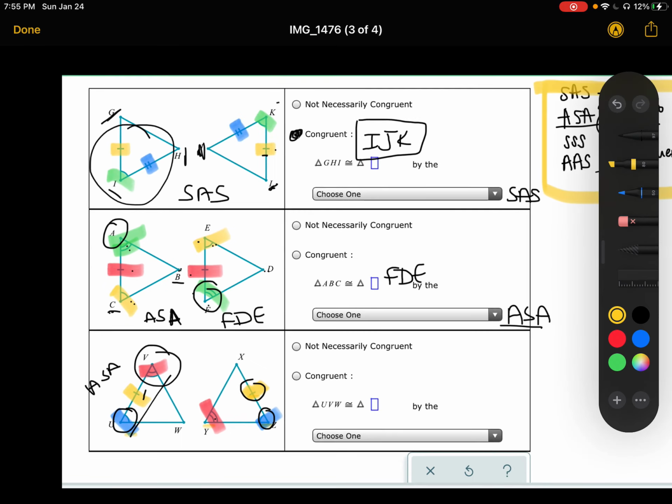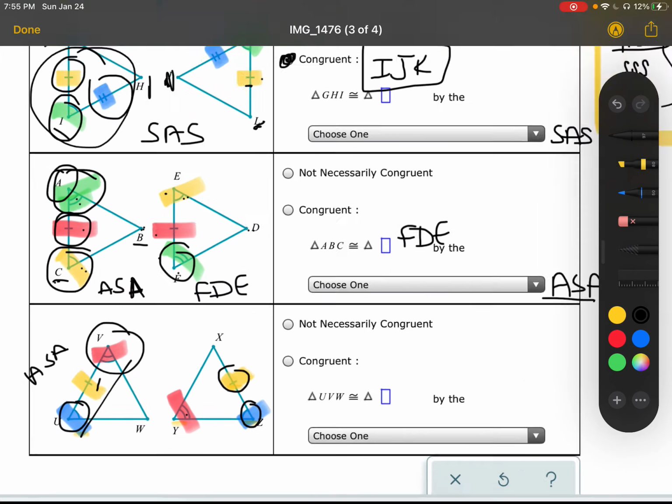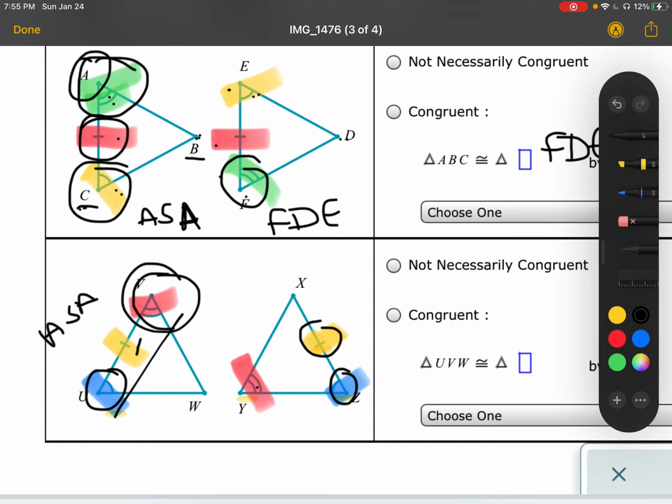So if you notice how all of these were like this angle, I'm sorry, that side, this angle, and then that side. They're all right next to each other, right? And the same with this one. This angle, this side, this angle, all right next to each other. And it would be this angle, this side, this angle. So it would have to go in the same order, right next to each other.